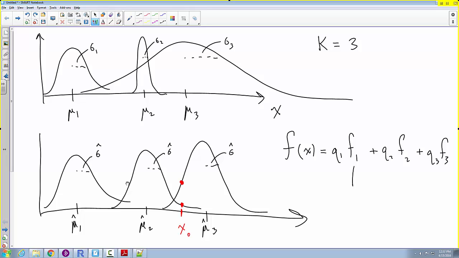Turns out that's equivalent to asking what's the distance between x0 and the mean, the location for class 3. We could compute this distance, and then the distance to that one, and the distance to that one, and assign to the class to which it's nearest in a vector sense.